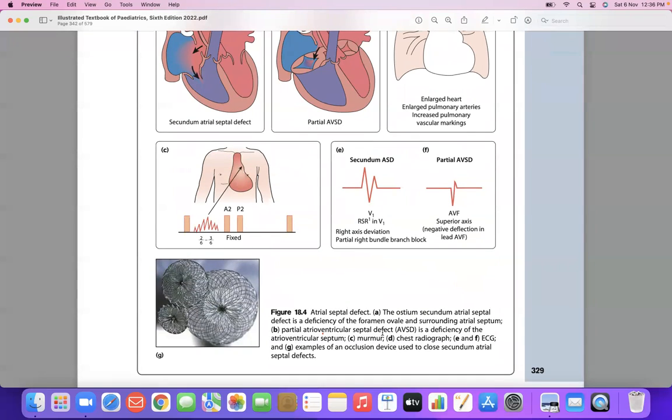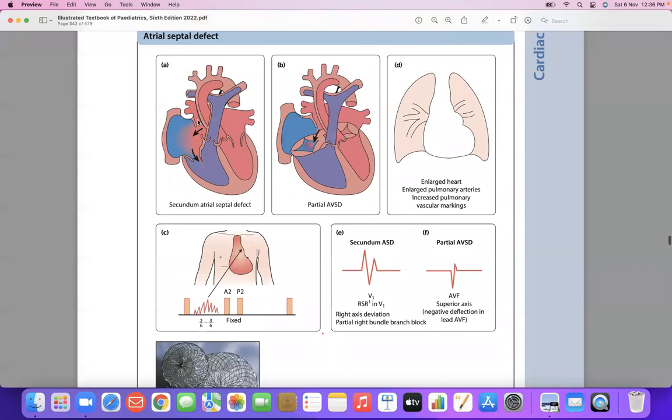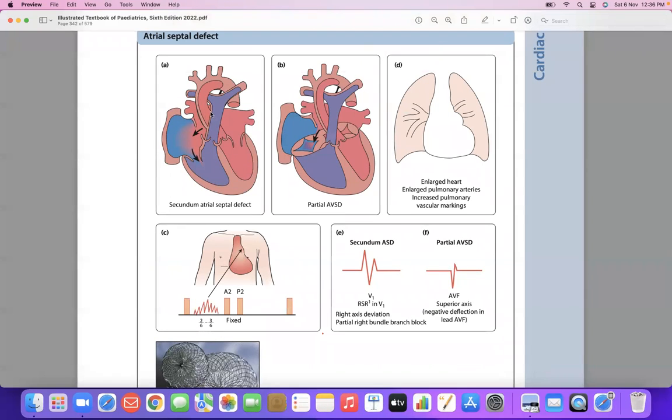The ostium secundum atrial septal defect is a deficiency of the foramen ovale and the surrounding atrial septum. So it is clear here, this one is the atrial secundum defect.